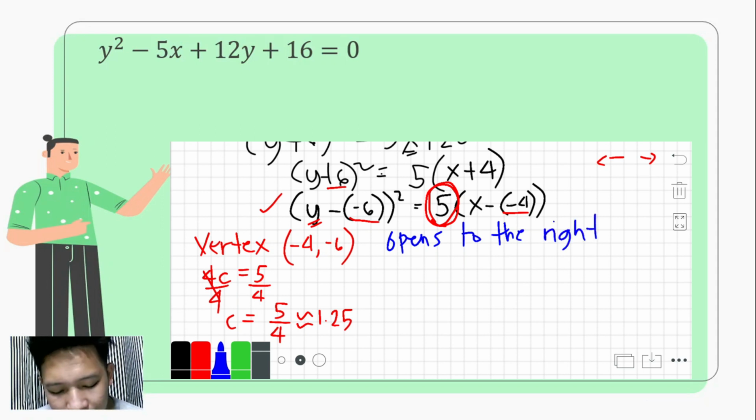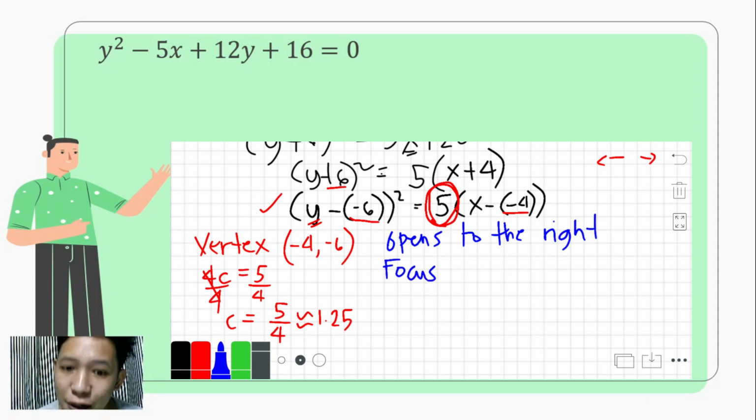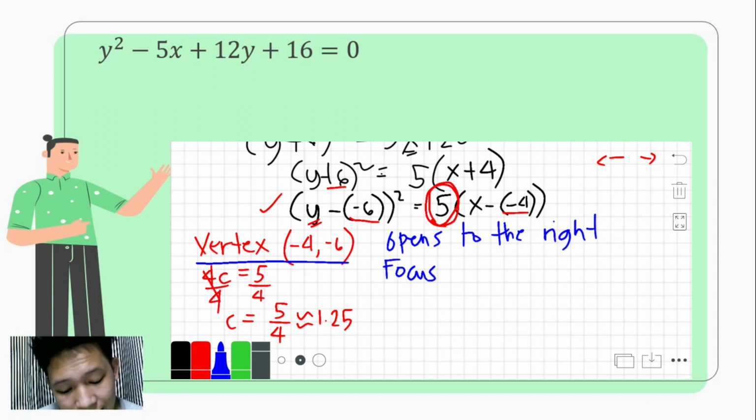So, for us to determine the focus of our parabola, we all know that the focus, kapag to the right siya, would be what? To the right of our vertex, which is negative 4, comma, negative 6. And yung layo niya would be what? 1.25. So, our focus would be what? Well, that would be to the right of the vertex. So, ang gagalawin natin ay yung h.